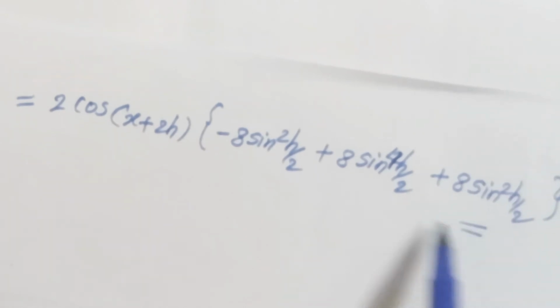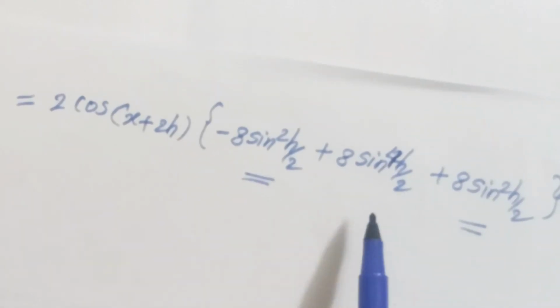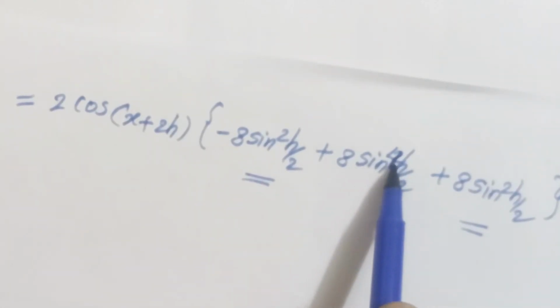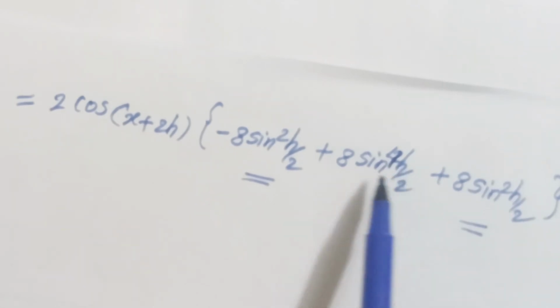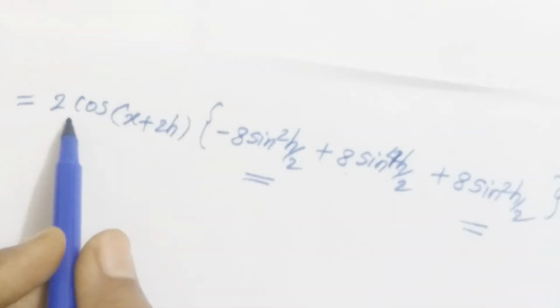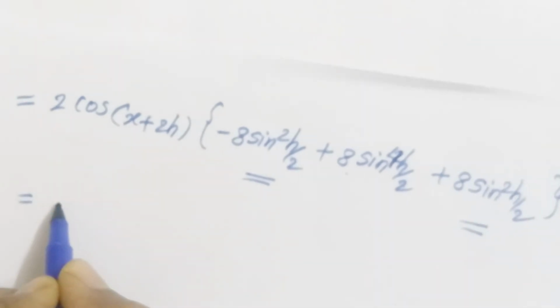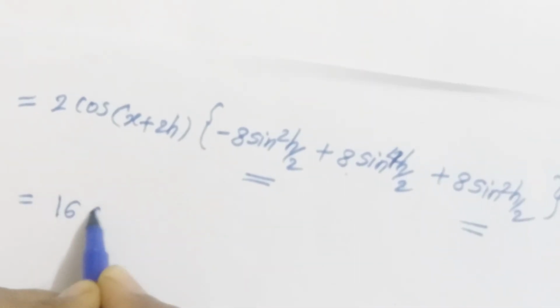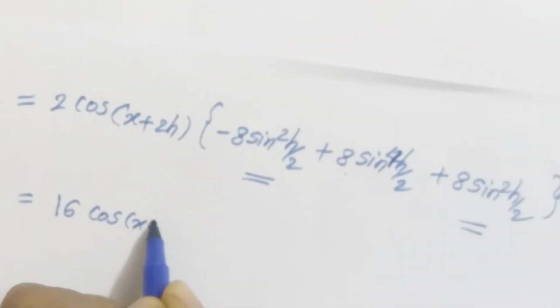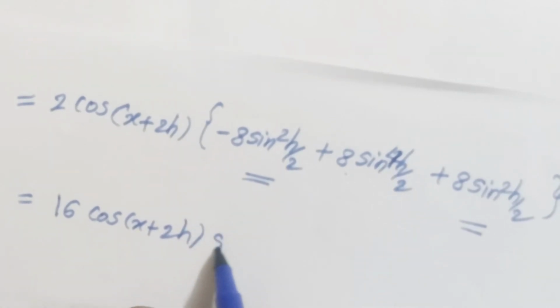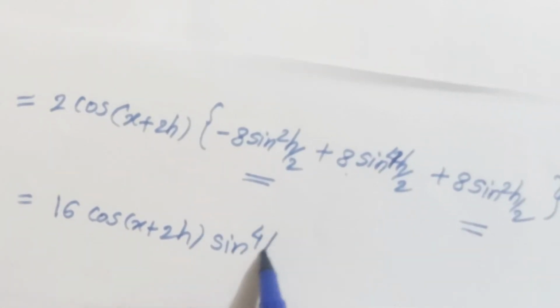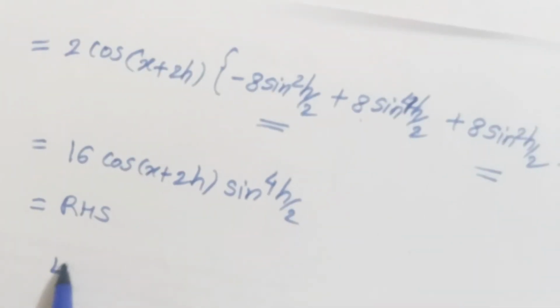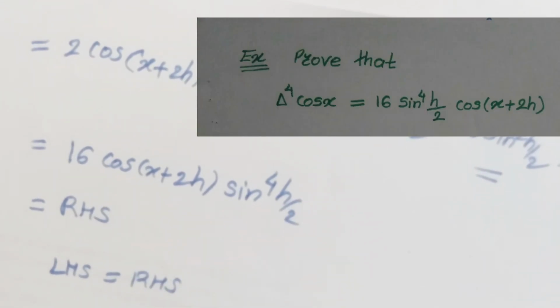Now here first and third terms are cancelled, remaining is 8 times sin raised to the power 4 h by 2, and here 8 into 2 is 16, so it is 16 cos x plus 2h into sin raised to the power 4 h by 2. This is nothing but the right hand side, hence left hand side equals right hand side, hence our proof is done.